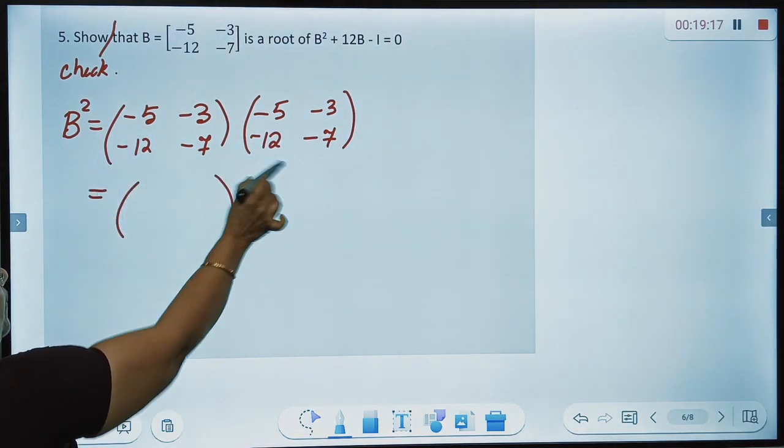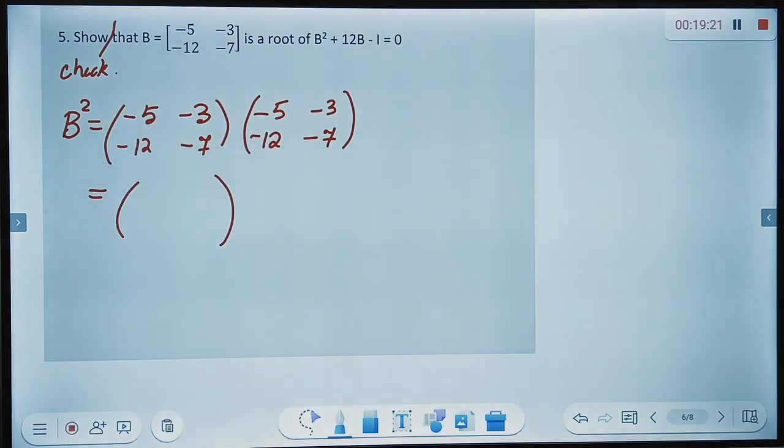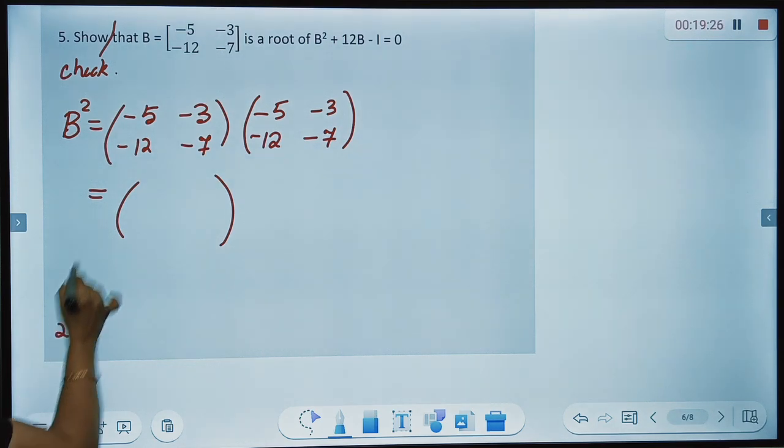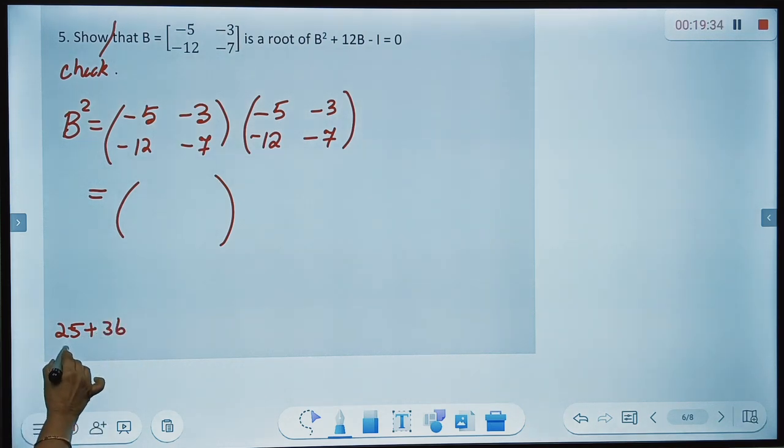When I multiply these two matrices, what will I get? First row, first column: minus 5 into minus 5 is 25, plus minus 3 into minus 12 is 36. So this is 61.